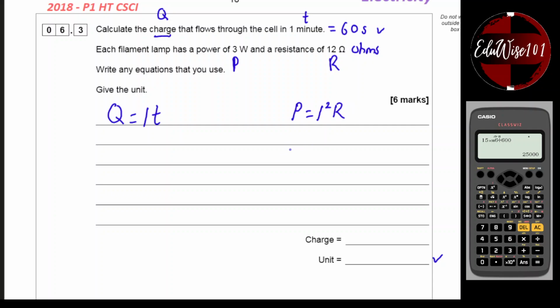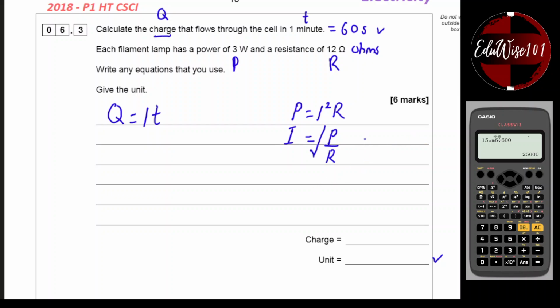Now, if I rearrange this, I is, to get rid of the R on this side, I'll have to divide both sides by resistance. That would be power divided by the resistance. We'll get rid of this R. To get rid of the square sign, I will now have to find the square root.